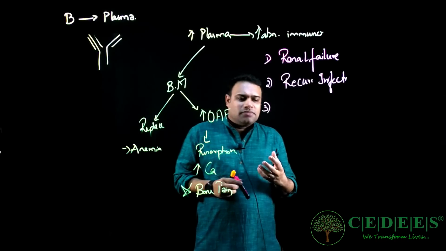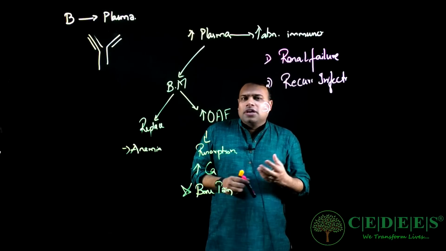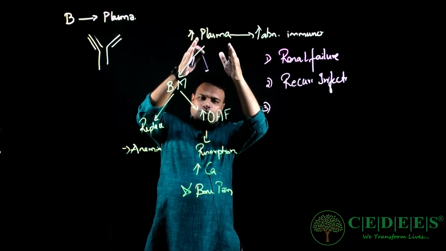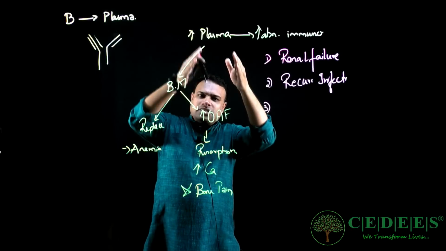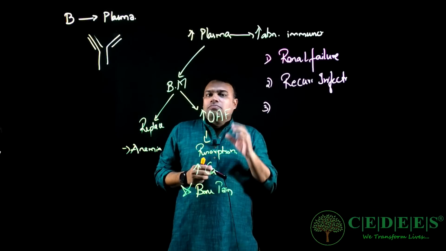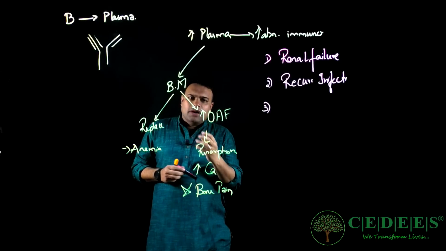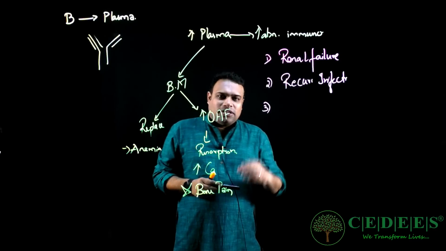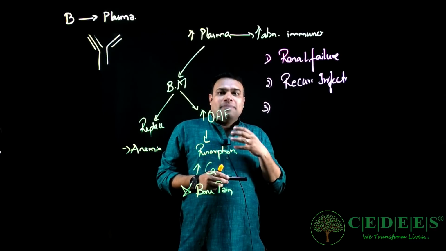On serum electrophoresis, you find that this M component is increased in a large way, and you call it the M spike. M stands for monoclonal. As I said before, in multiple myeloma, the plasma cells which are formed are basically monoclonal. So that is why the word M is there in M spike.